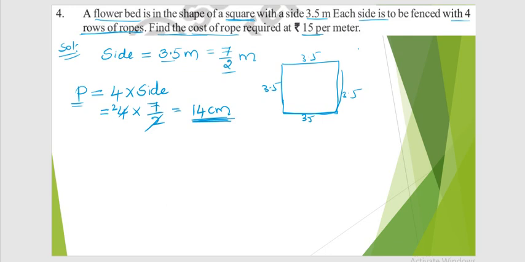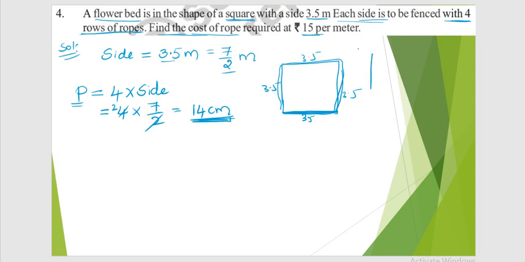But what he has given is that each side is to be fenced with 4 ropes. That means if I take one rope and fence the sides, then I am going to get 14 meters. Likewise, I want 4 ropes on each side.